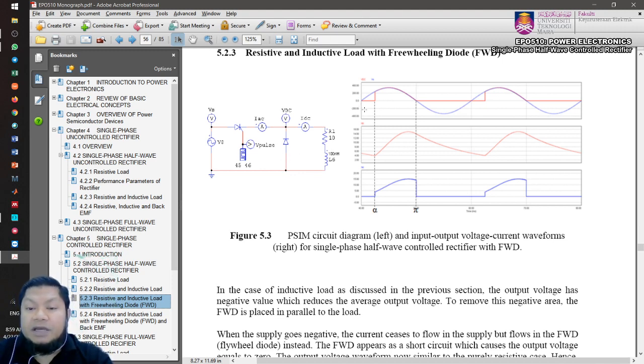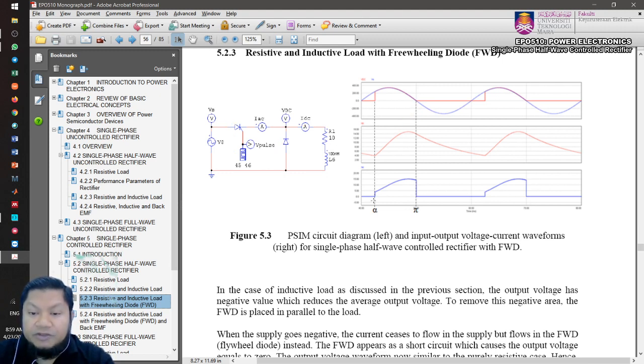So again, during the positive half cycle, the operation is very similar: the thyristor will experience a forward bias, and then we're going to wait for alpha. The thyristor will wait for the firing angle, and then it will start to turn on.